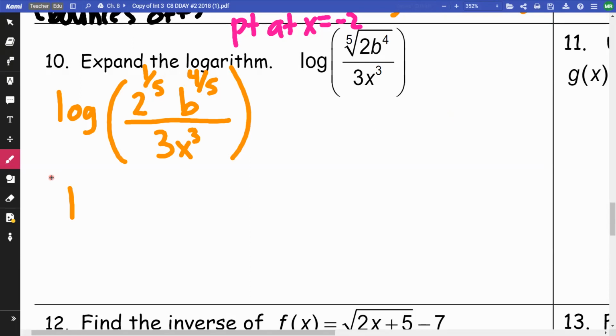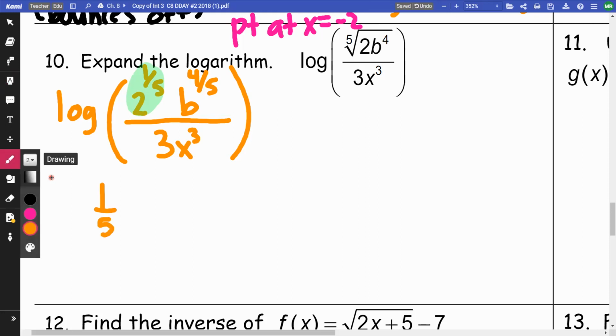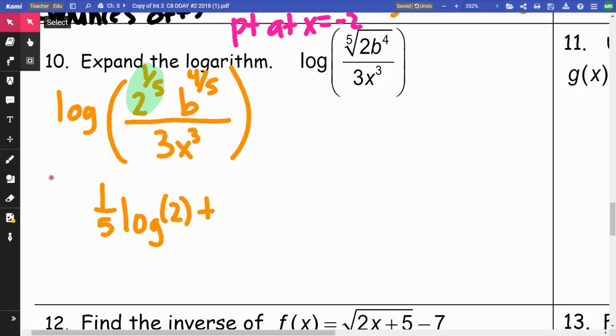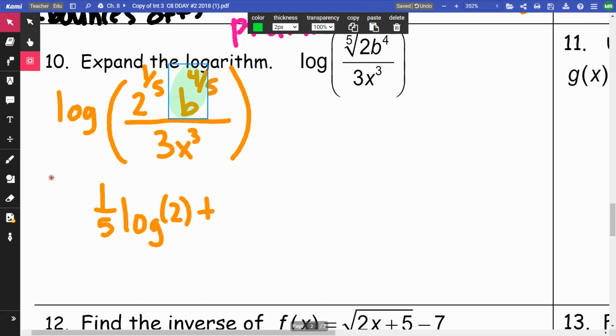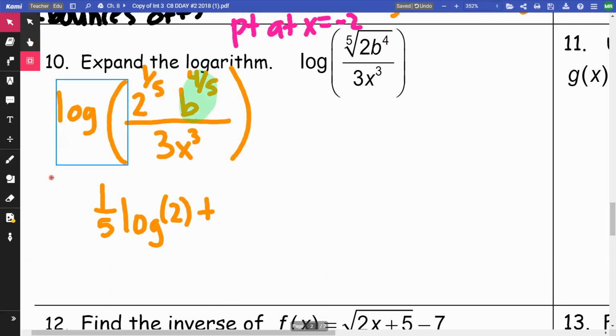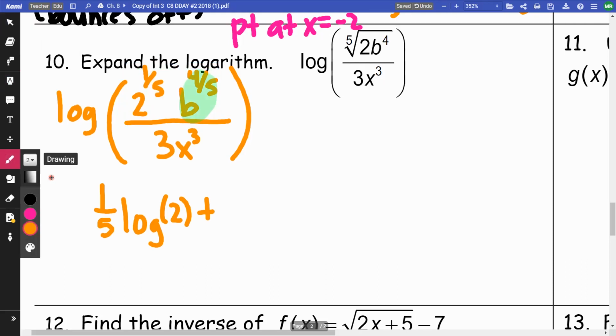So I'm going to rewrite this as, and when I take the log of something with the power, it moves in front. So when I am dealing with this, I am going to have a 1/5 log of 2 plus, and then when I'm dealing with this one, I'm going to have a 4/5 log of b.